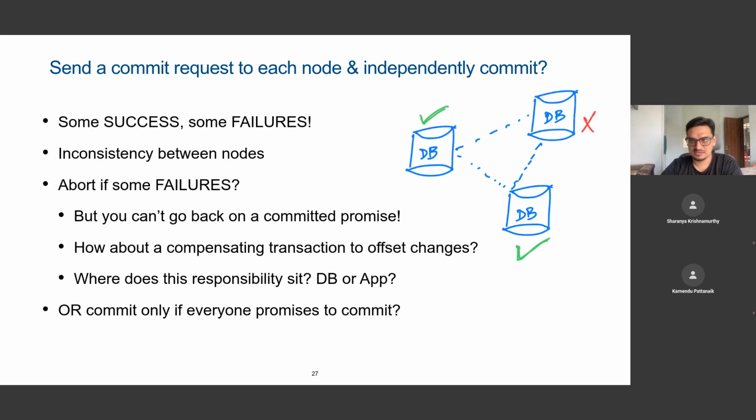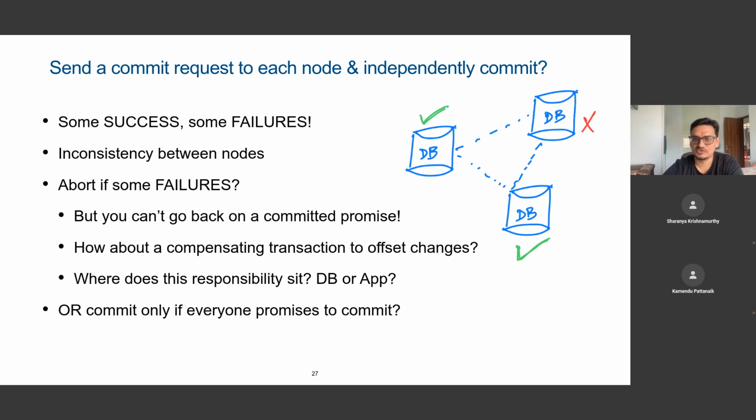The problem is, what does commit exactly mean? You have to see that. In this picture, we have 3 database servers, and all 3 execute what you did for a single node. What commit basically means is that once you have committed, you cannot go back on that promise. That's the promise of committing.